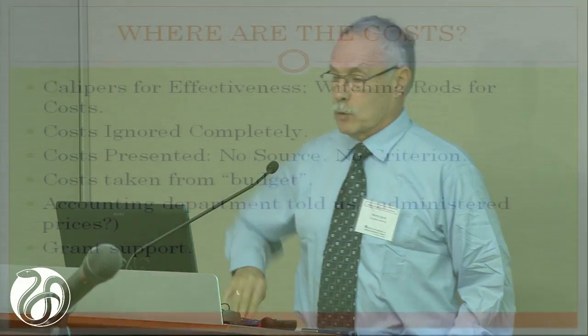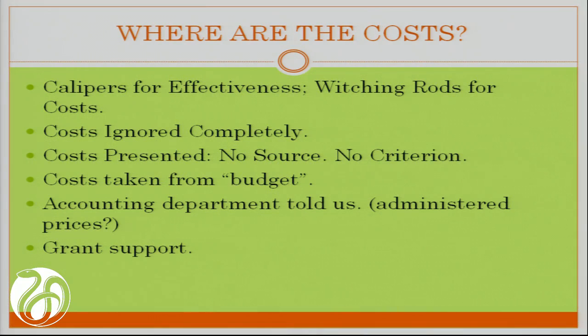A lot of times we find the costs are presented. In fact, we looked through the health and medical literature, and the costs were presented with no source and no mention of criterion. Costs taken from the budget. As you can see, I'm kind of critical of that, because we have to separate out what the true costs are and then how they're financed.